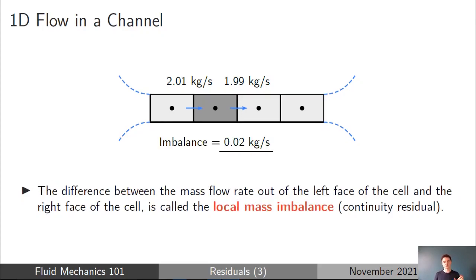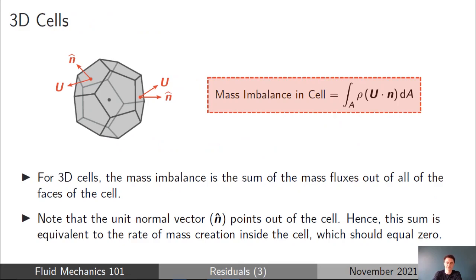If we just subtract the mass flow rate coming into the cell from the mass flow rate going out of the cell, we find that the imbalance is 0.02 kilograms per second. This is the local mass imbalance for a particular cell in the mesh, and it's often called the continuity residual by some CFD codes, or the continuity error for that particular cell.